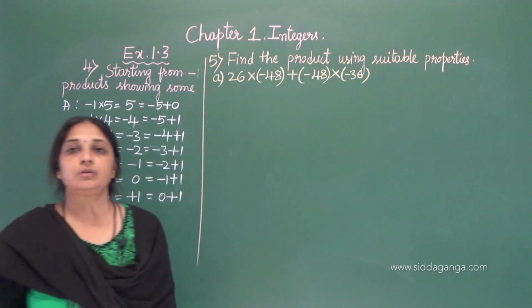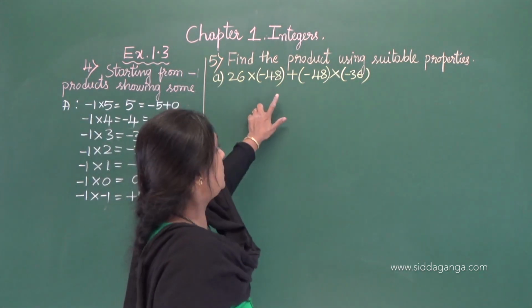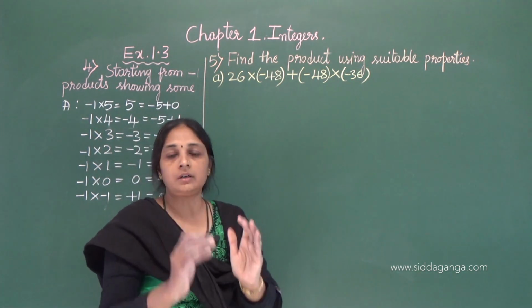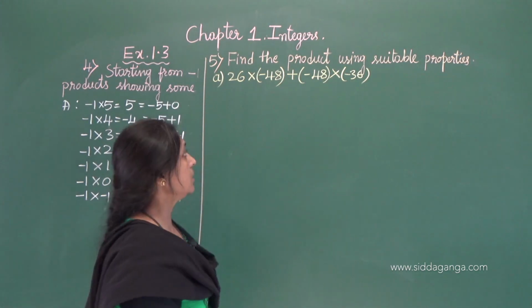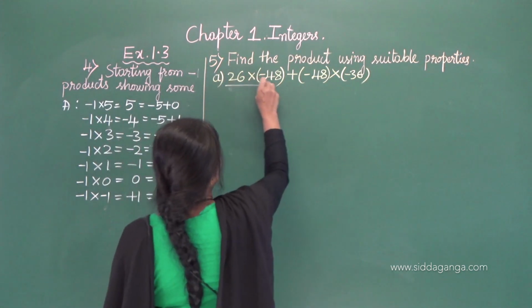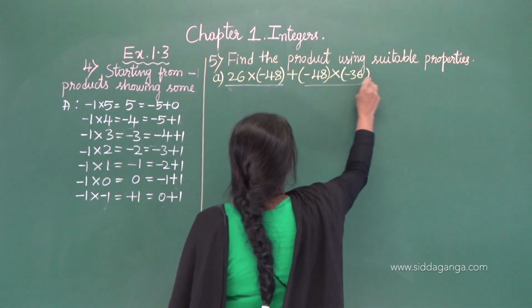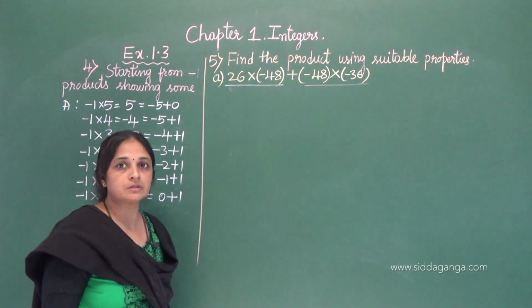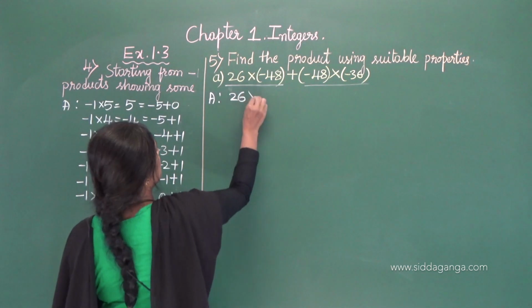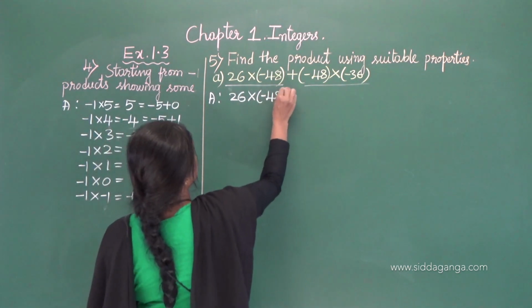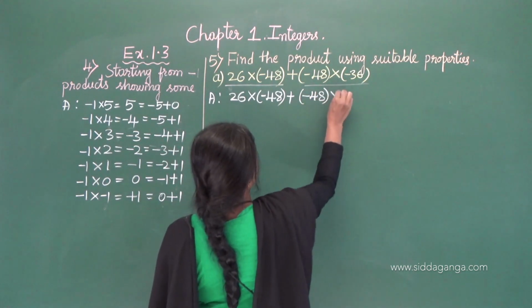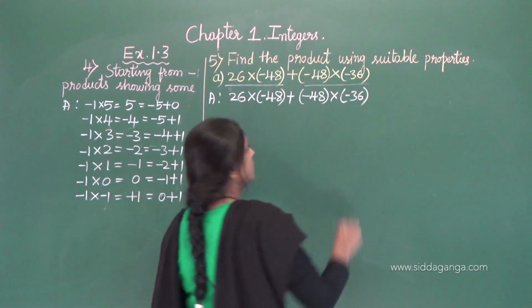You have to separate the numbers. We have to put the brackets. Okay. Then here what can we take? So we can take these two numbers and group these two numbers. Okay. First write down the given question, that is 26 into minus 48 plus of minus 48 into minus 36.